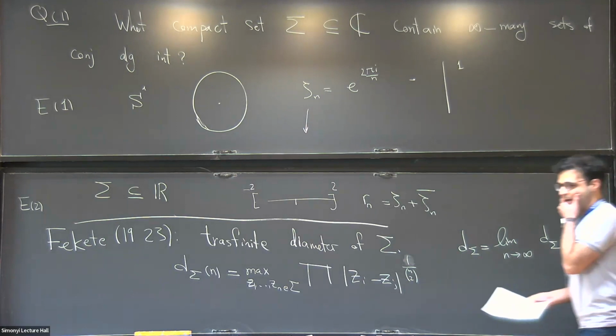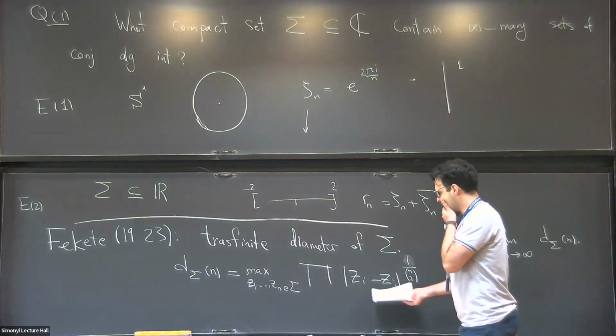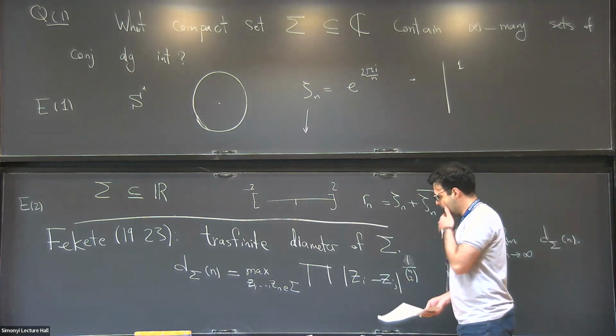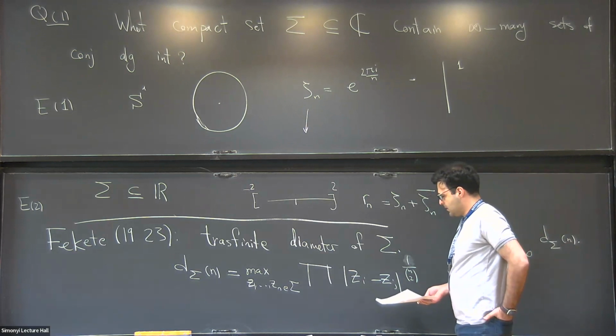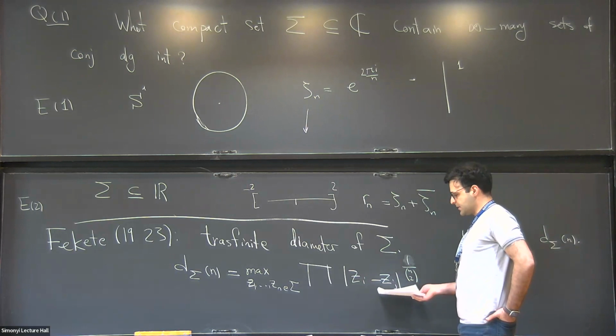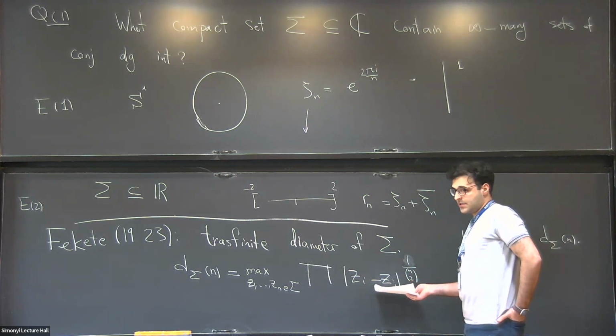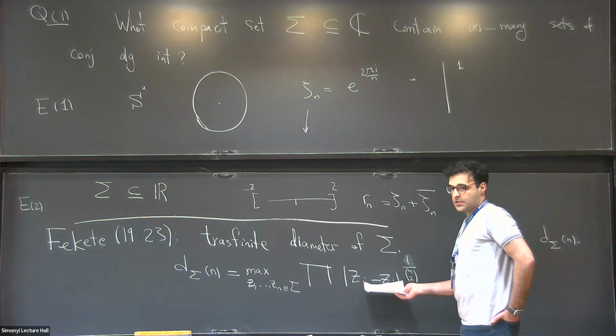One thing to observe is that if these are the roots of a polynomial with integral coefficients, monic, this product is going to be the resultant, and it's going to be an integer.